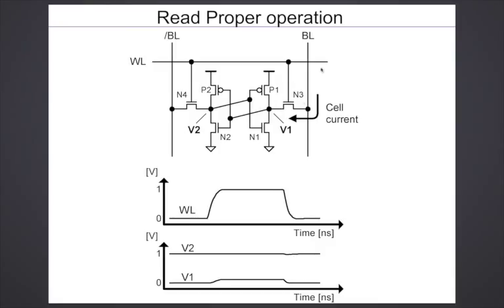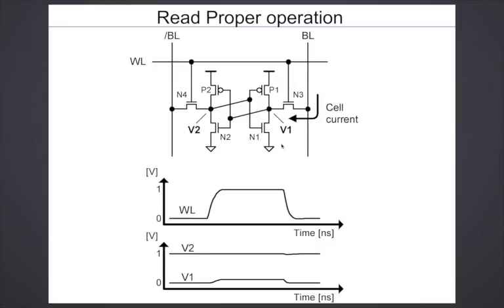you have cell current going through N3. The bit line will get discharged through N3 and the current will flow through N1 because V1 is 0. Nothing will happen on this side because V2 is already at VDD, so there is no VDS drop across this, but current will flow through this.